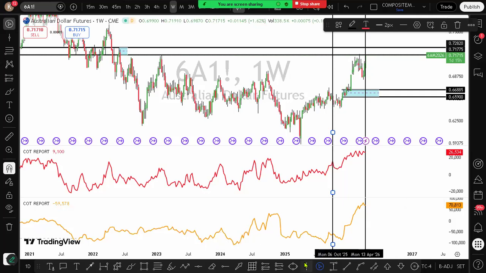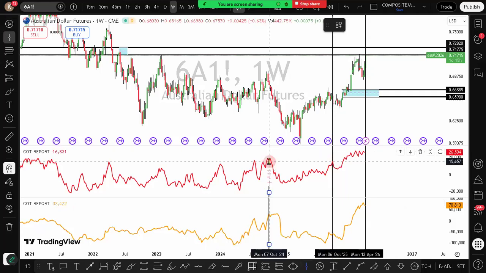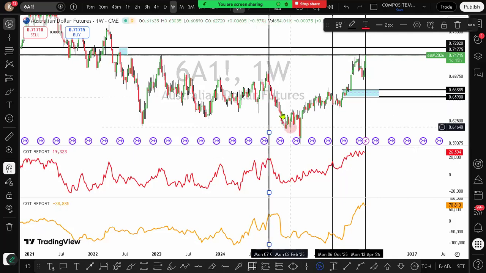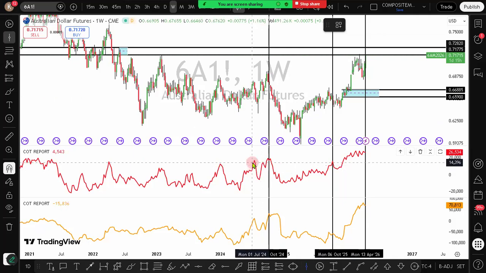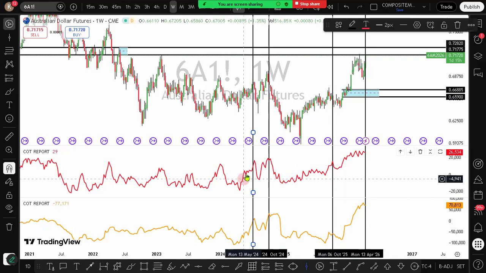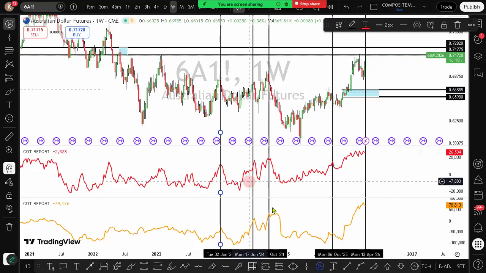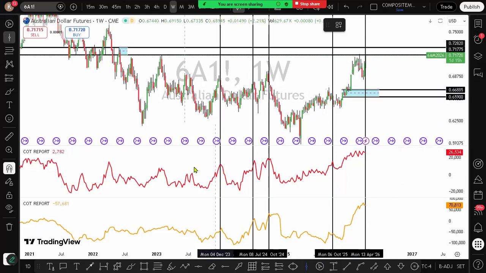Here, retailers get more bullish and the market goes to the downside. Look at this spike. Retailers get more bullish and the market drops. Again, retailers get more bullish and the price drops.